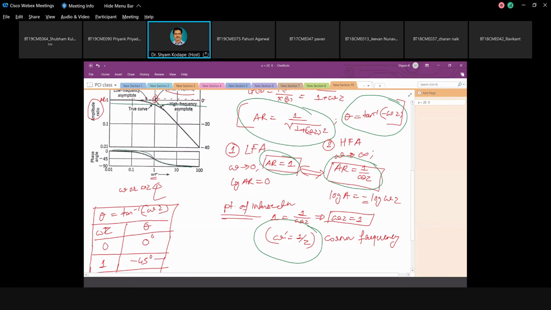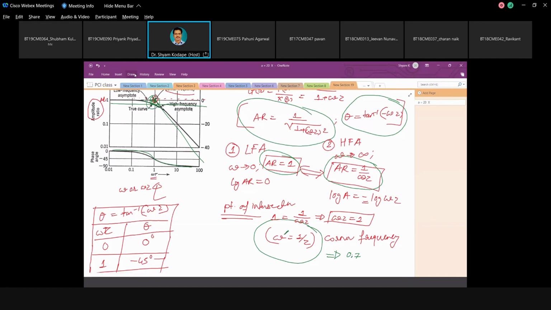Are you getting my point? If you observe that this is a continuous line, there is a gap between these. What is this actually? When I am substituting the corner frequency omega prime into the AR equation, it comes out to be 0.7 something. So that's why the gap is there.